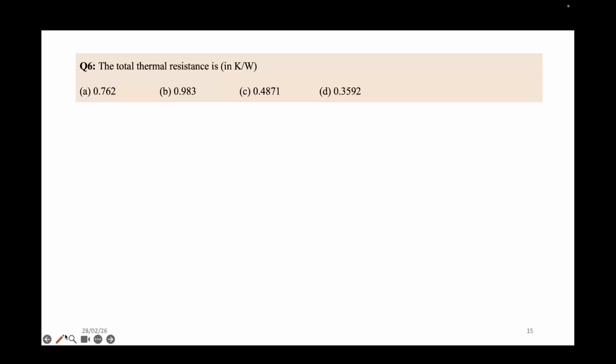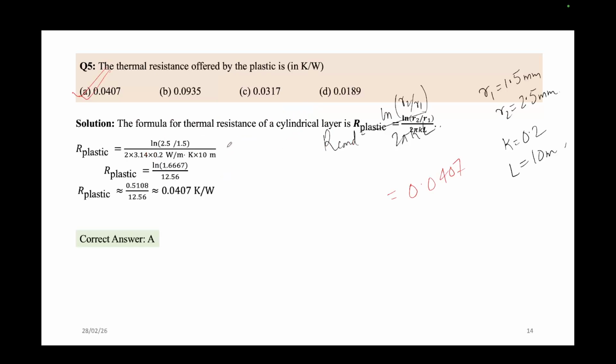So here the solution should be R convection plus R plastic, which means R conduction.